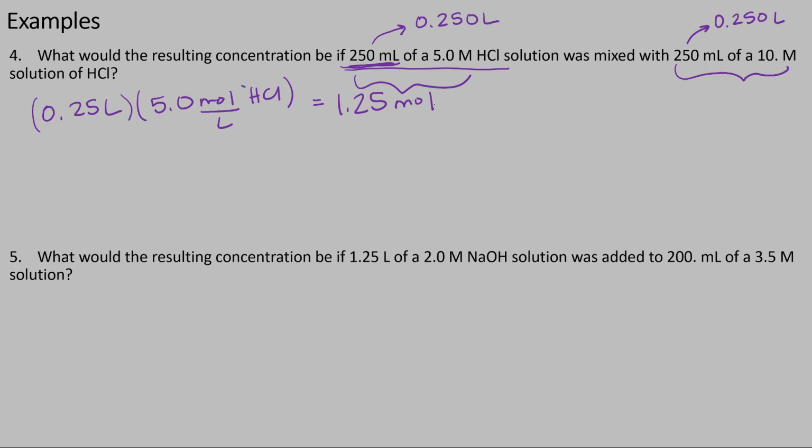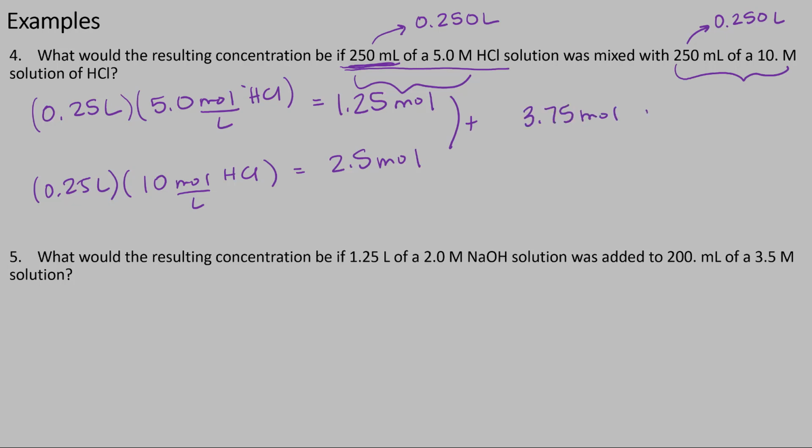Now the second one, I have 0.25 liters in a 10 molar solution of HCl. So that would be 2.5 moles. So we're going to mix both of these together. So that means I would have 3.75 moles all together. So what would my volume be all together? Well, I have 0.25 liters here and I have 0.25 liters here.